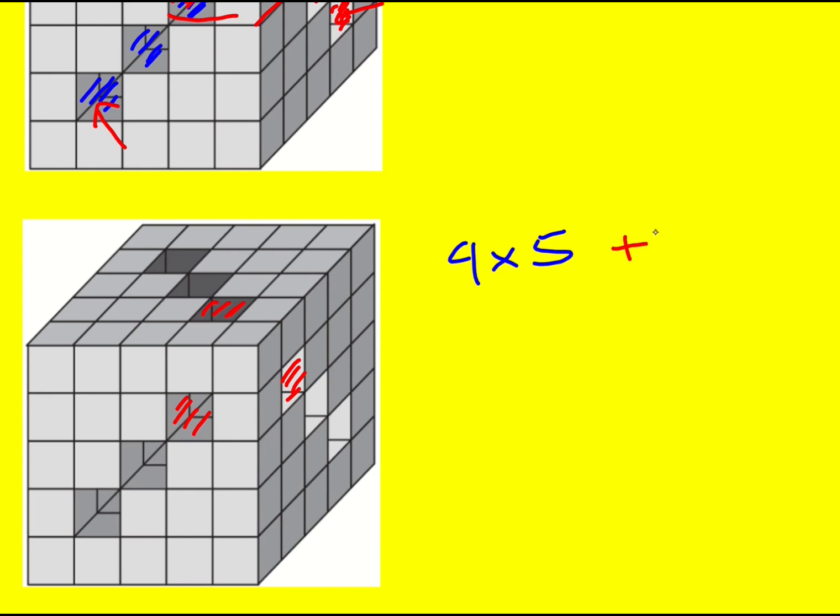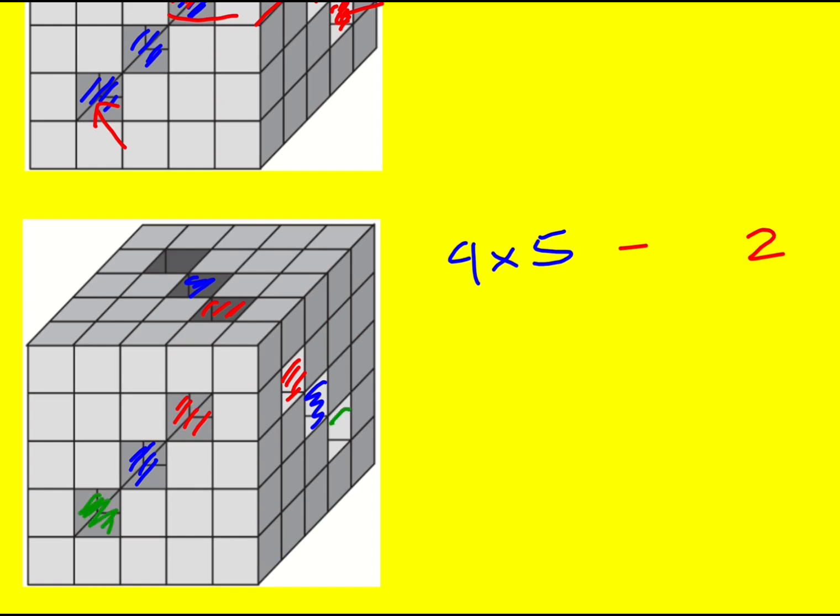So I'm going to need to add on 2 to incorporate that. But actually, the same is going to go for these ones in blue. There's going to be a cube where they all intersect, and so I've triple counted it. So I need to subtract that. I don't know why I put a plus there. I'm subtracting from this because I've triple counted.